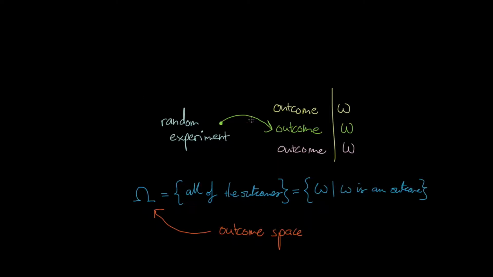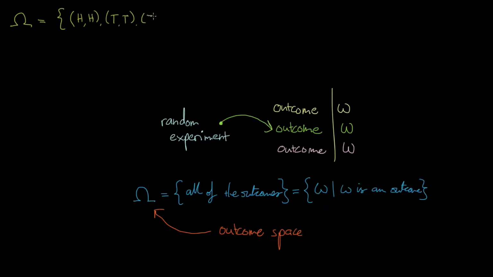I'm going to say my experiment is that I flipped two coins consecutively, and I observed whether there was a head or a tail. So I'm going to make my outcome space for this experiment, and each element is going to be an outcome. An outcome could be I got a heads and then I got a heads. I got a tail and then I got another tail.